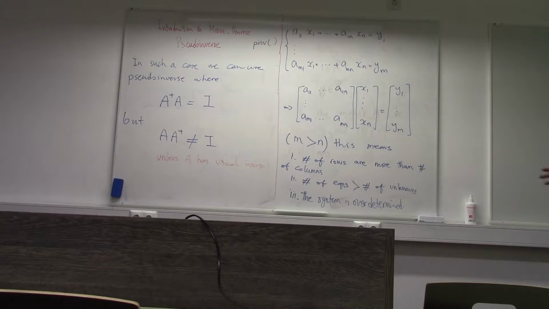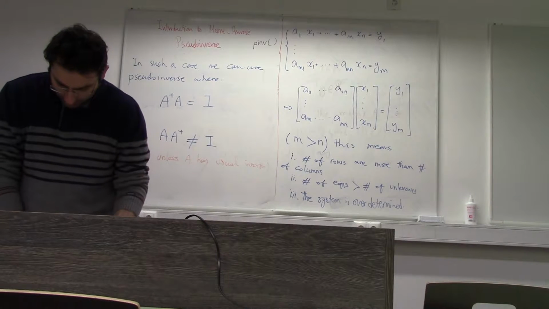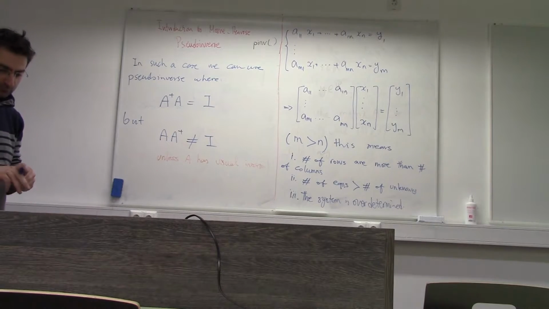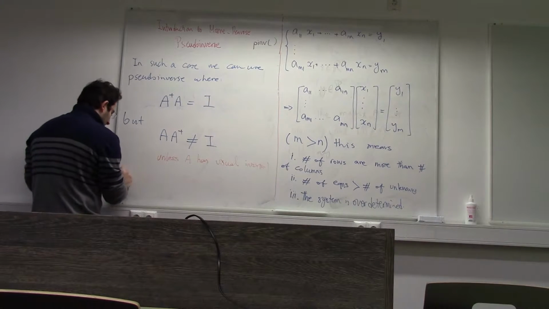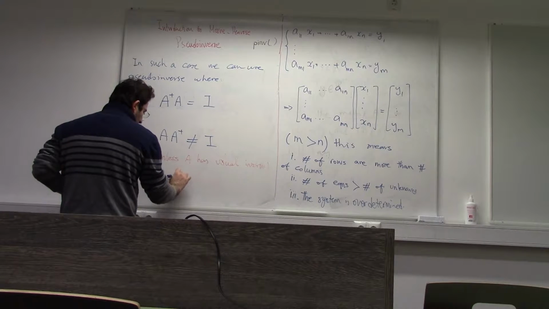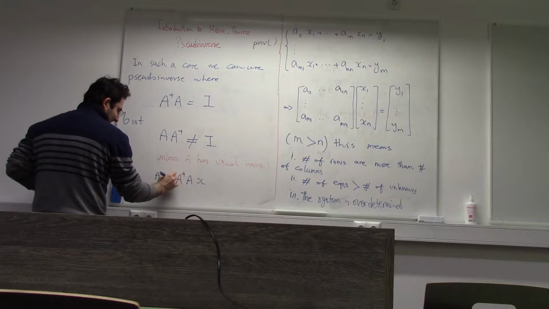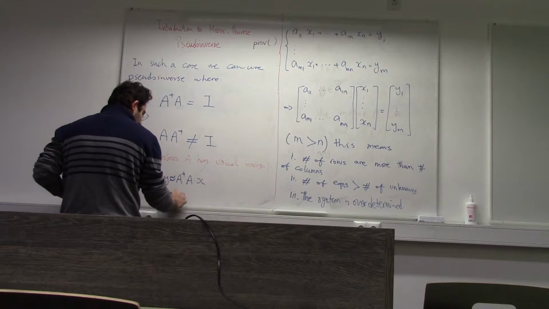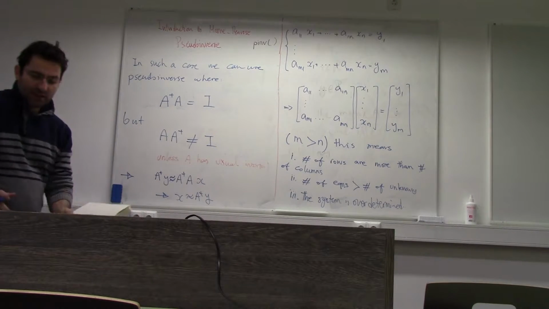If some of the rows are redundant and we can just simply ignore them, like they are linearly dependent on the other ones, then we can say that A inverse y is equal to A inverse A x, it's actually approximately, which results in x is approximately A plus y.